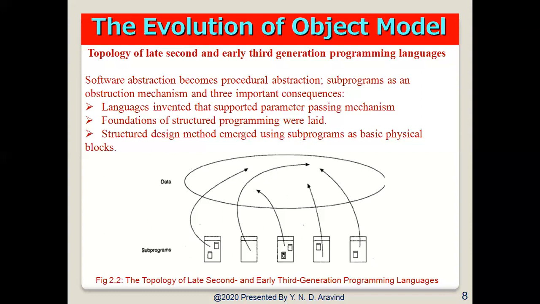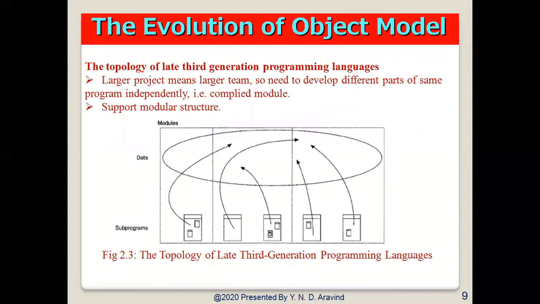Starting with Fortran II and appearing in most late third generation programming languages, another important structuring mechanism evolved to address the growing issues of programming in the large. Larger programming projects mean larger development teams, and thus the need to develop different parts of the same program independently.